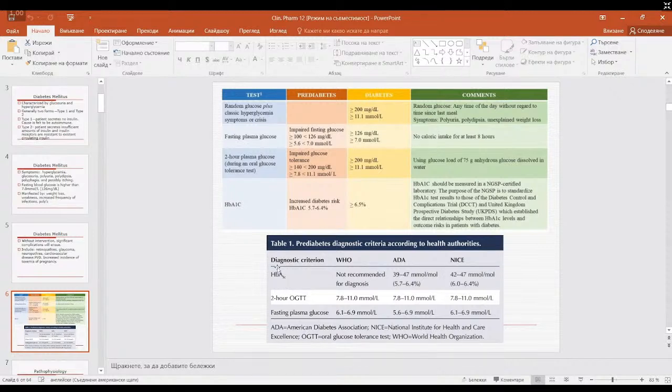We use this very important laboratory tool to follow up patients with diabetes, because it shows the blood glucose levels in the past 3 months.